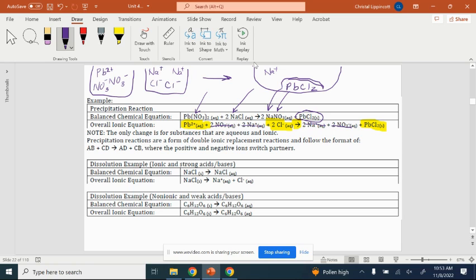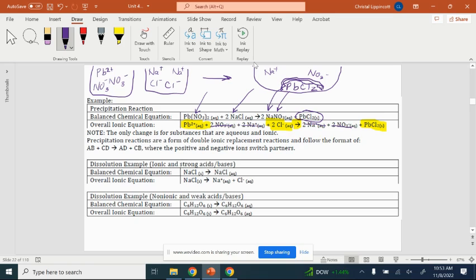That is a solid. It's formed a precipitate. It's precipitated out down to here. And I've got my sodium and my nitrate floating around. These haven't changed their condition. There are still free-floating ions in that solution.